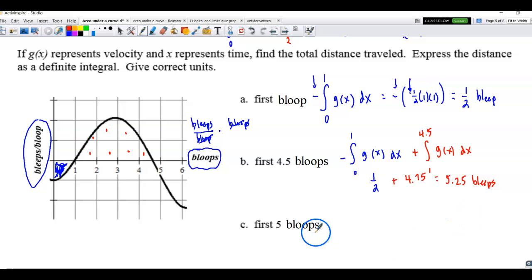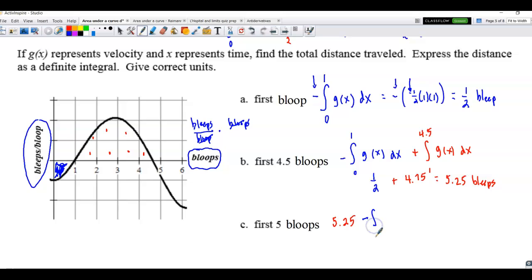And then lastly, the first 5 bloops. So we're going to do the same thing. 5.25 was the distance we had traveled so far. The area at 4.5 is going to go negative again. So we're going to force that area to be positive by subtracting, negating the negative region.